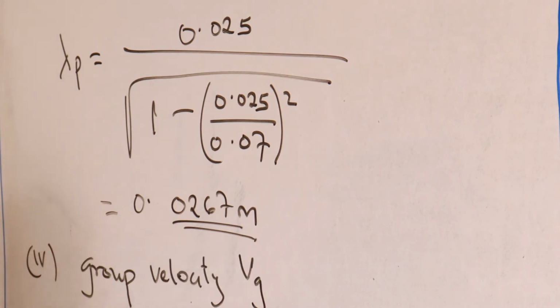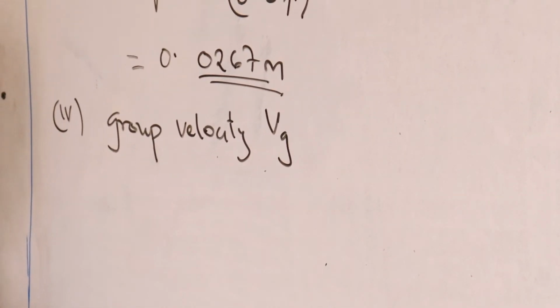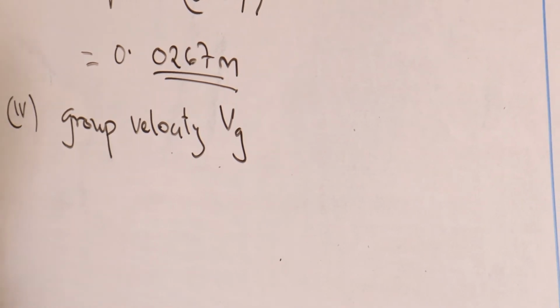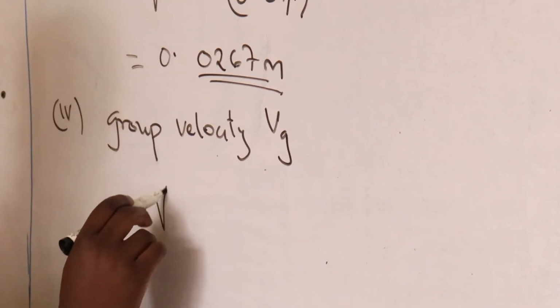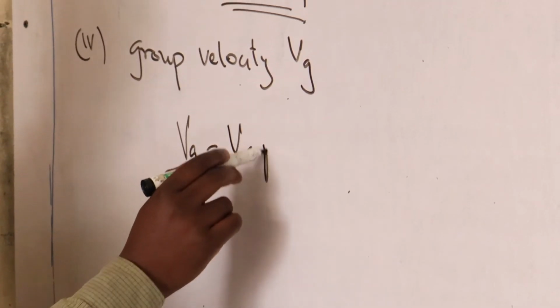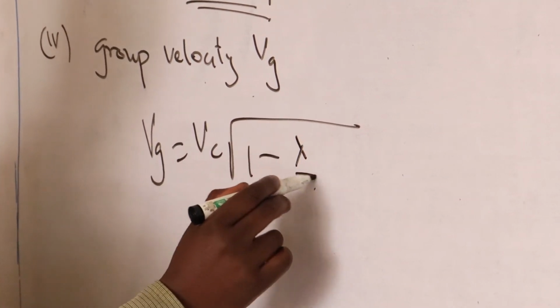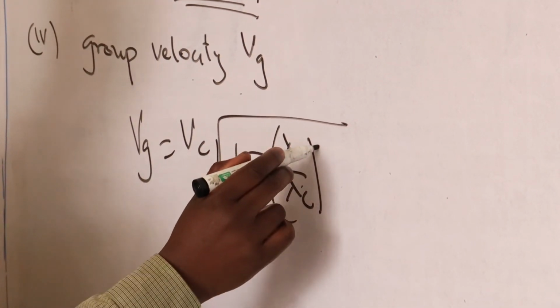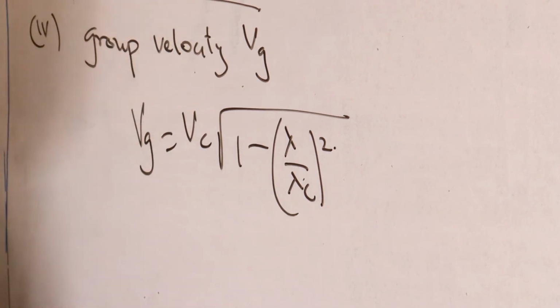So our fourth expression was to get the group velocity, Vg. You get this from the formula. That's the group velocity, and all these factors we have.